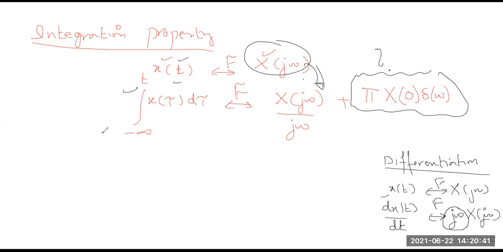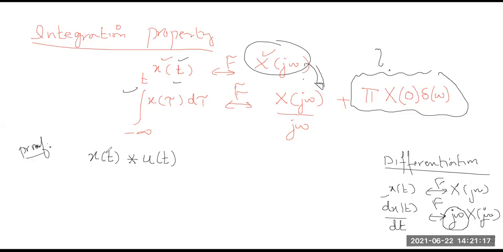Now, we can prove this property in a number of ways. One of the techniques that I'm going to use, and of course you can explore many other proofs, which may be given in the book, or you can search the internet. This thing can be represented as, if you convolve the given signal with the unit step signal, x of t convolved with u of t.